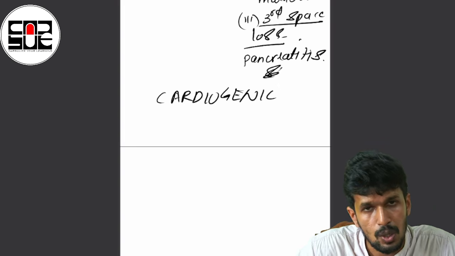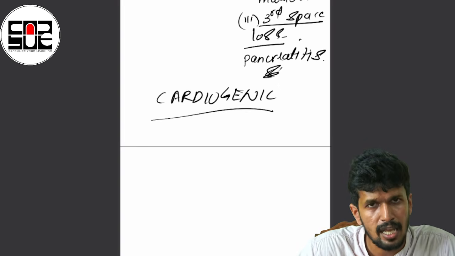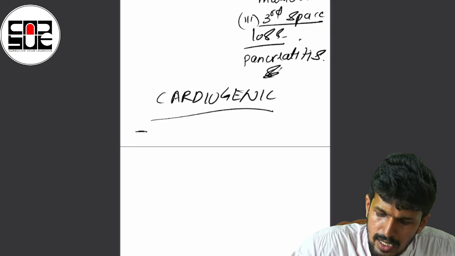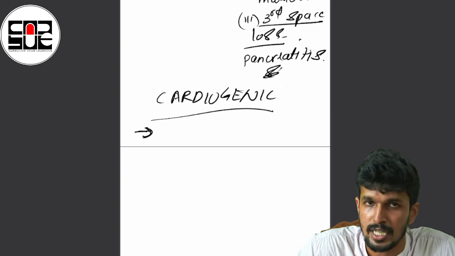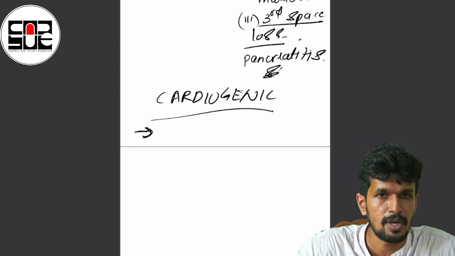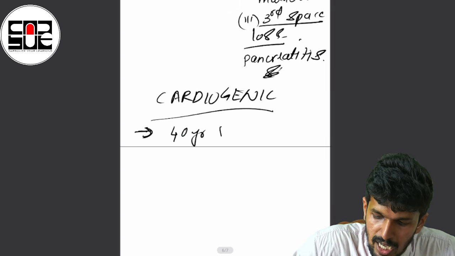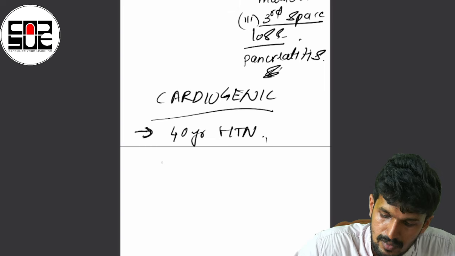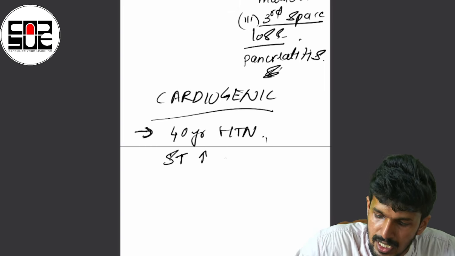As you know, cardiogenic shock is more dealt with by cardiology or medicine departments. I'll give a small clinical scenario for you to identify what happens. A 40-year-old patient with hypertension on irregular medications presents with acute onset chest pain radiating to the arm, and on taking an ECG, you notice an ST elevation in 2, 3, aVF.